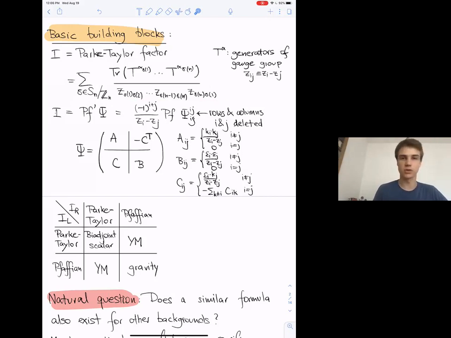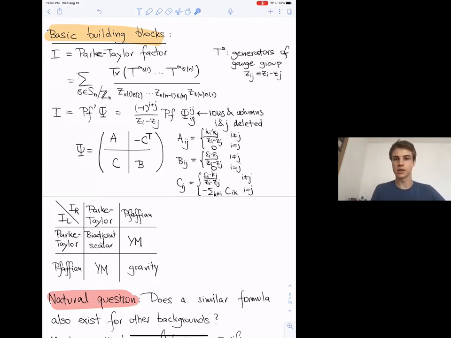Whenever you include a Parke-Taylor factor, either as IL or IR in the formula, you're adding some sort of gauge group, because here you have written the generators of your gauge group, and you're taking the traces. Just for future reference, since I will need it a lot, I will write Zij as Zi minus Zj.